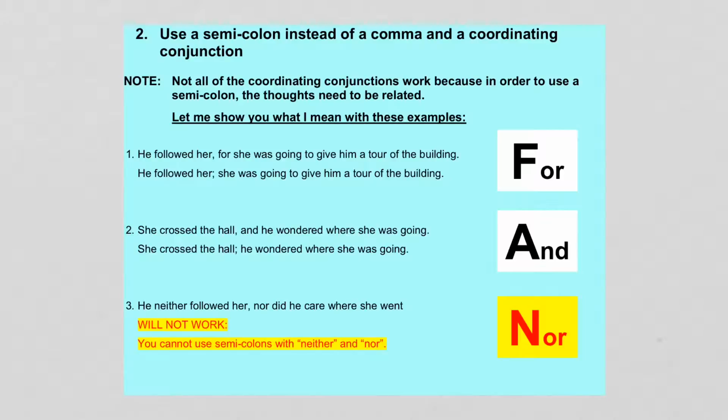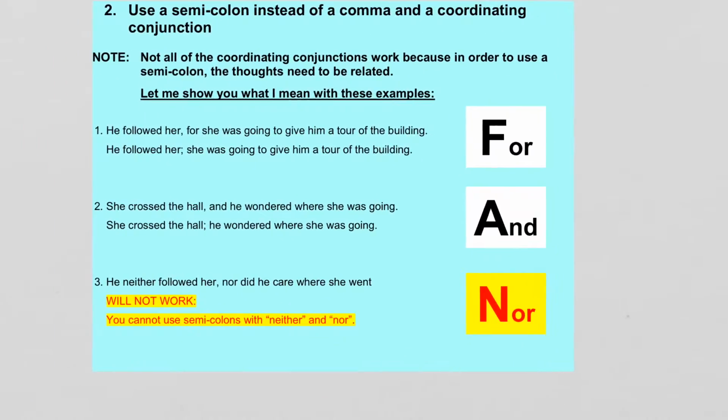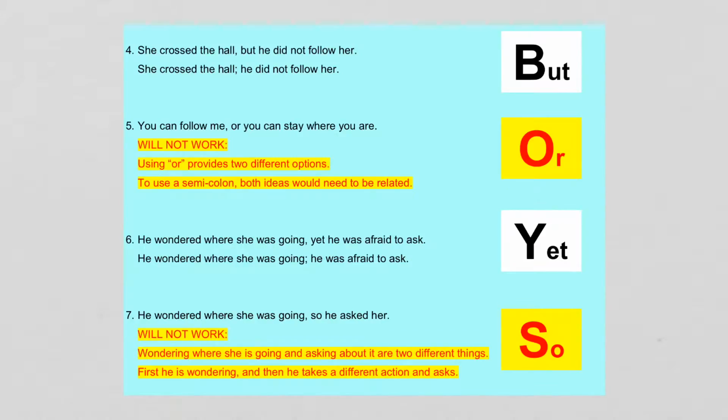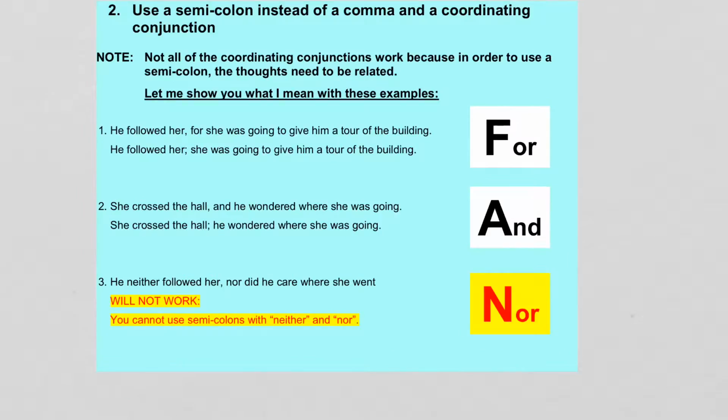So on the right-hand side, you can see for, and, nor, but, or, yet, so. So we have our FANBOYS. That's an acronym that helps you remember the coordinating conjunctions.